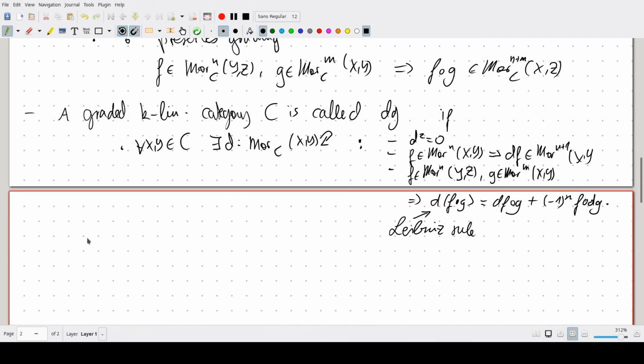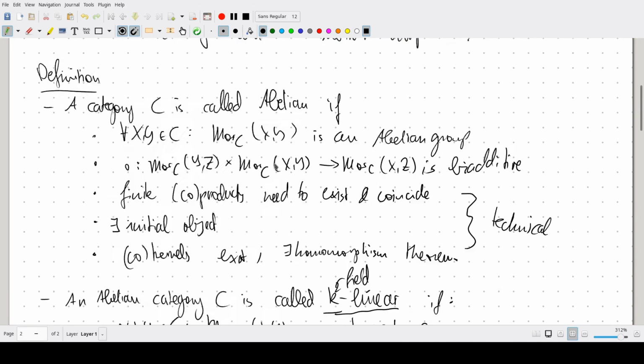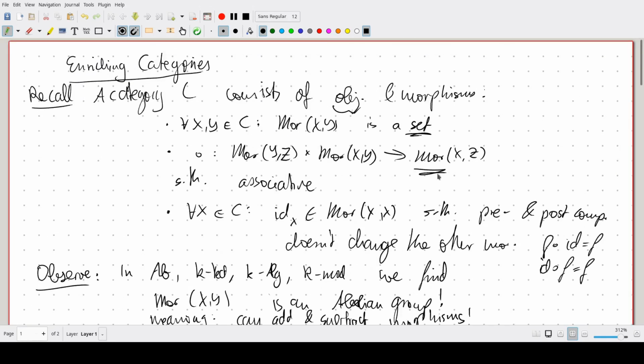And while these definitions seem ad hoc, there is actually an overarching framework, which is called the study of enriched categories, where we are just requiring that our Hom sets lie in some monoidal category, and that then the composition is a map where we have the tensor product here.